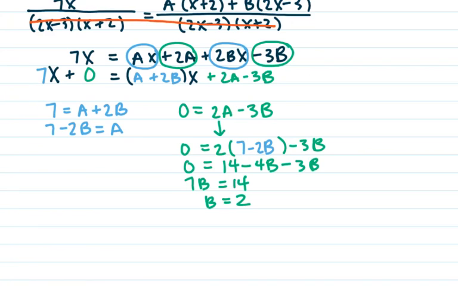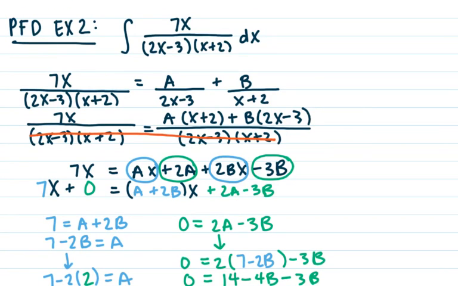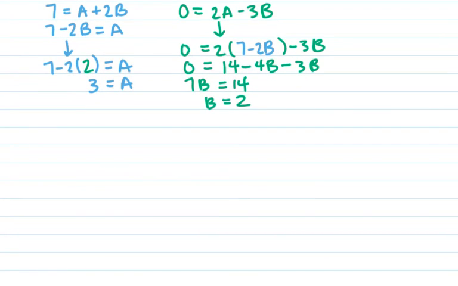I'm going to come over here and plug that in. So 7 minus 4 is 3, which is A. Okay, so back to the original problem up here. We had 7x over (2x minus 3)(x plus 2) dx.